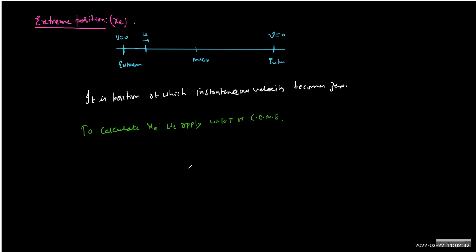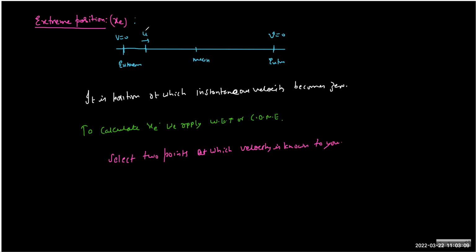And how do we apply it? The way I do it is simple. I choose 2 points of the journey at which velocity is known to you.